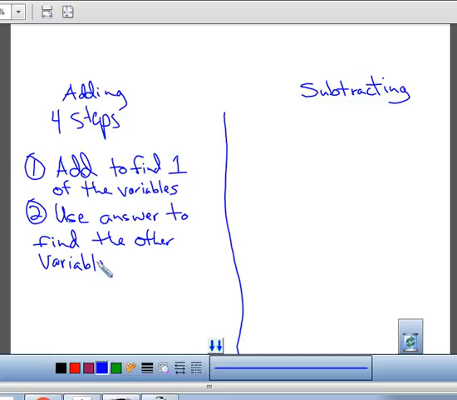And then step 3 is going to be to do the check. And step 4, state your solution.